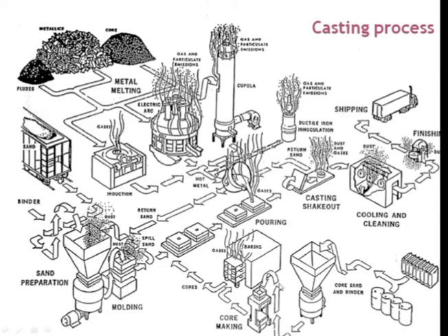Here it is a core making machine where the core is produced. This core passes through some heating process using gas or an electric furnace, and then it comes outside, and then it is fitted to your mold. That's why it can produce a cavity or any space or recesses inside your mold.